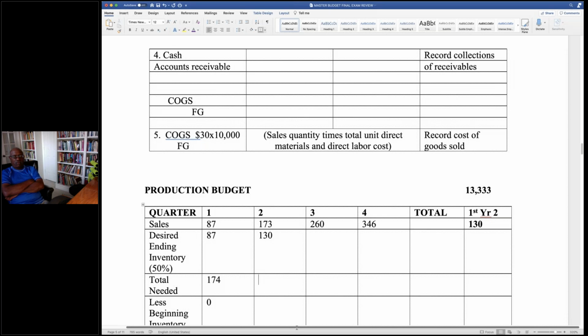You've got to produce the 173 that you're selling, plus part of next quarter. So you will have inventory when you start the third quarter. If you sold all of this, you wouldn't have anything. Okay? So you can always produce more, so you have some stock in the store.